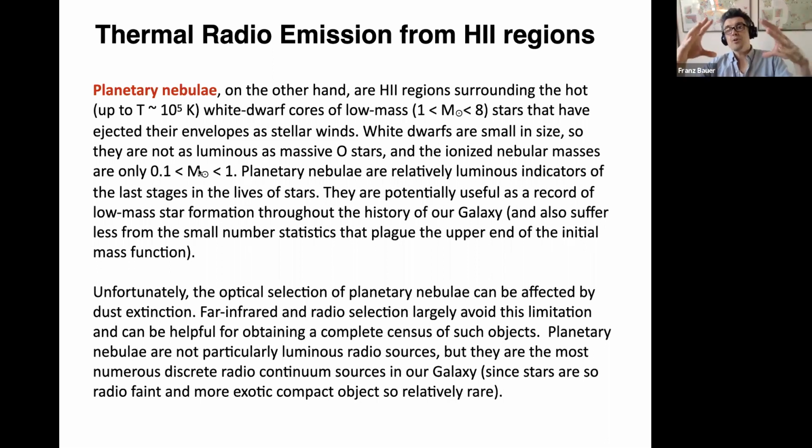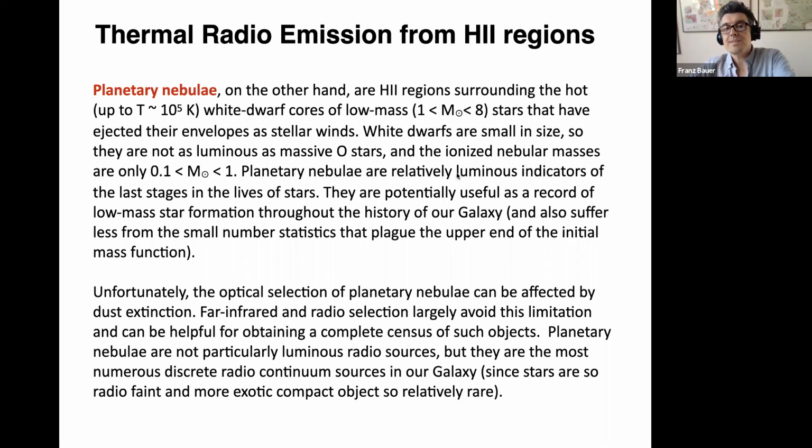So they're much more compact, right? You're only really seeing this planetary nebula mass over sort of the solar system, 10 to the 14, 10 to the 15 cm. But because they have a lot of UV photons, they will have a different ionization structure than an H2 region.